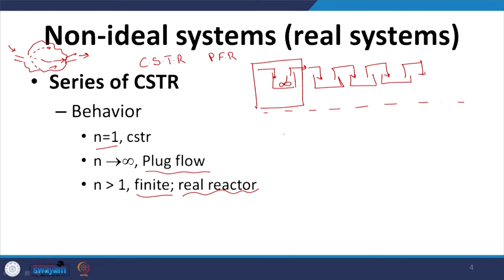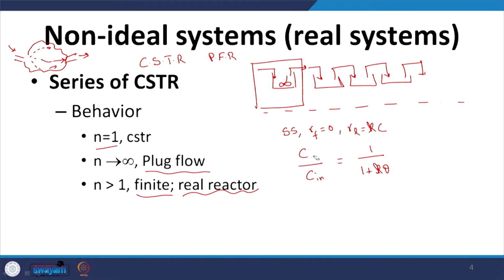When we applied the mass balance equation to a CSTR at steady state, with rate of formation equal to 0 and rate of loss based on a first order loss reaction, with rate K C, what is it that we ended up with? I think we had C out by C naught equal to 1 by 1 plus K theta. Let me slightly rewrite it so that I can use it here.